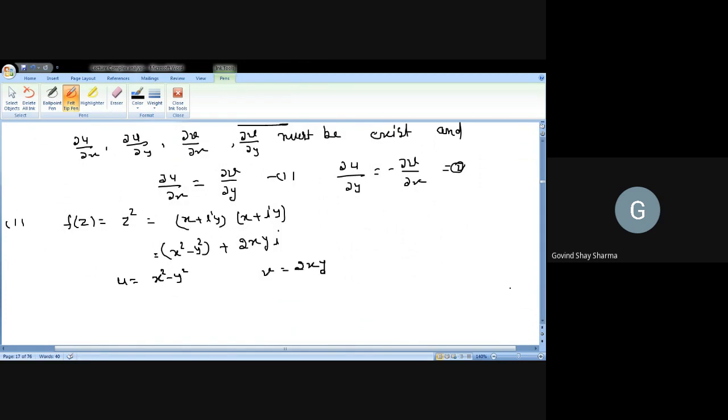Now we have to check whether this function is analytical or not.